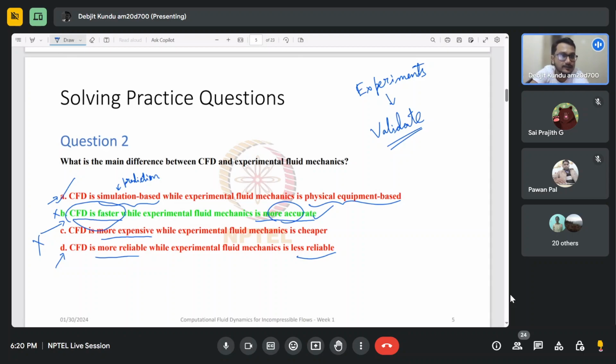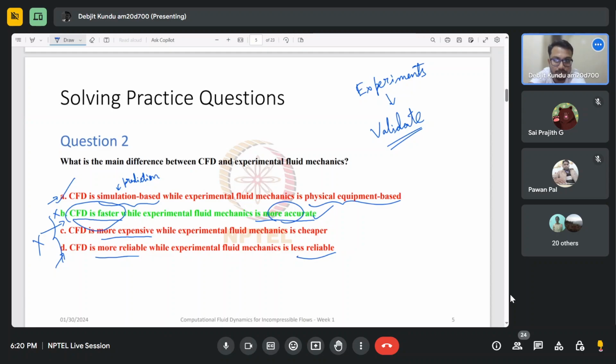Then whatever other results you generate using that CFD case or tool, for which experiments are not available, other people can say with confidence, okay, this is correct, I believe your results. So that's why option D is also incorrect. So B, C, D would be wrong and option A would be the correct one.